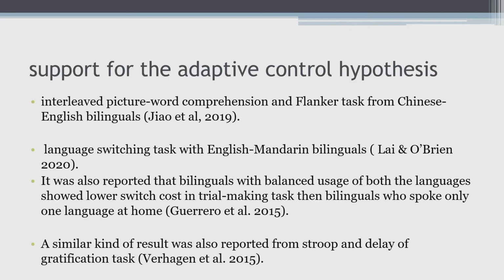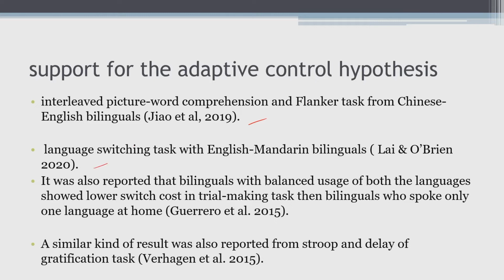So, this is a very powerful hypothesis, and there is a lot of support for the adaptive control hypothesis from the literature as well. I have just quoted a few. Interleaved picture word comprehension and flanker task in Chinese English bilinguals find this support. Similarly, a language switching task with English Mandarin bilinguals.